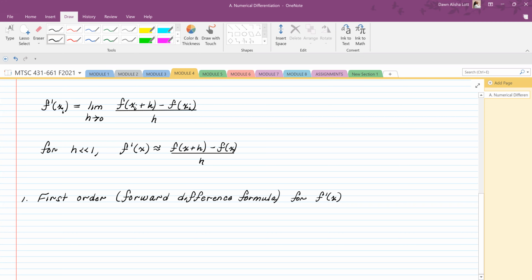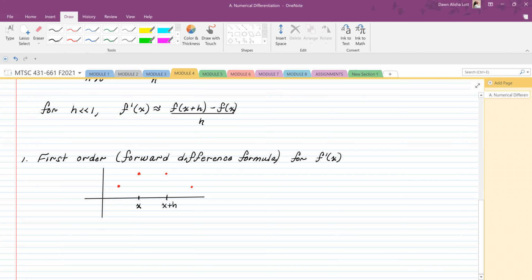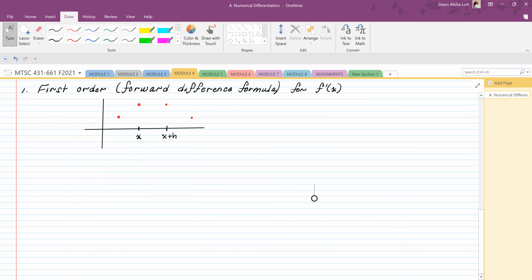The reason why it is the first order forward difference is because, given a set of points, here's a point, here's a point, here's a point, and here's a point, if I want the derivative at this x right here, I'm only going to use the one in front of it, which is x plus h. So I'm only going to use those 2 points in order to find the derivative.